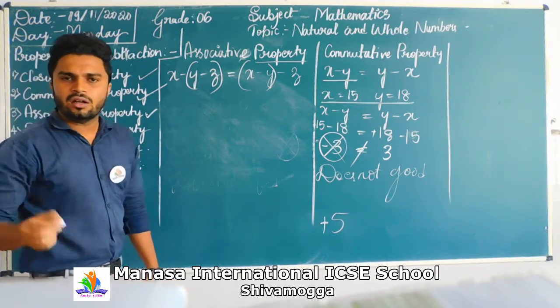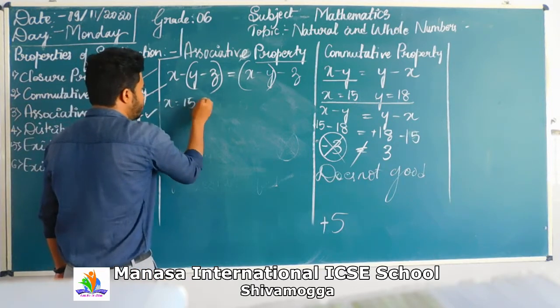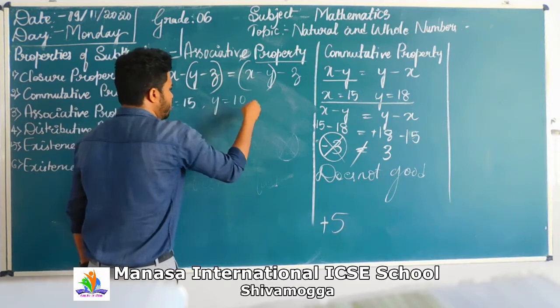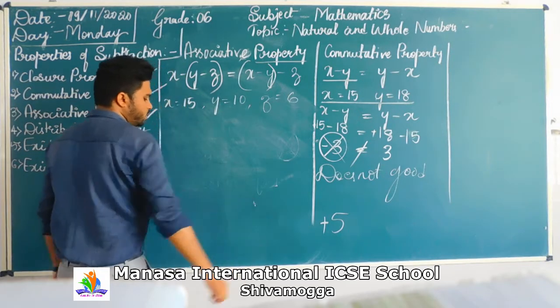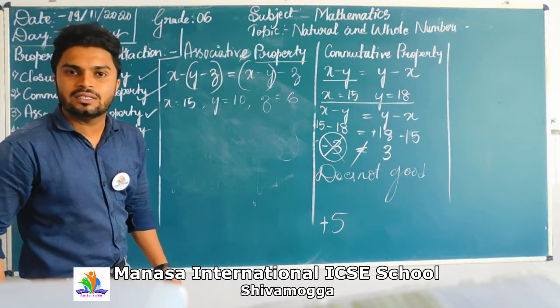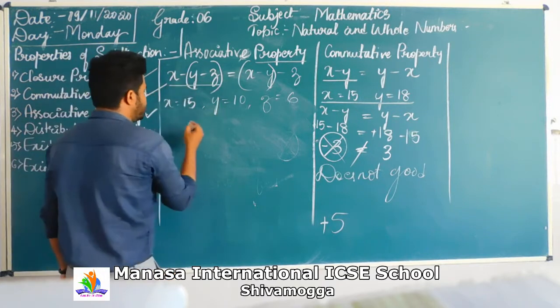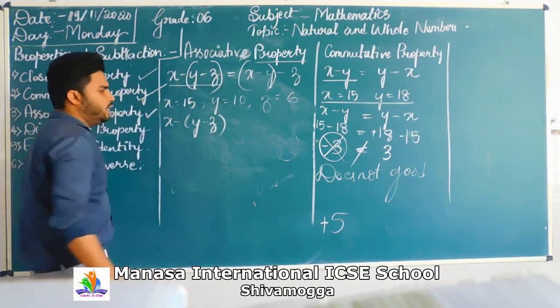Now take any numbers: x is equal to 15, y is equal to 10, and z is equal to 6. Substitute these numbers in the formula, students. First take x minus of y minus z.